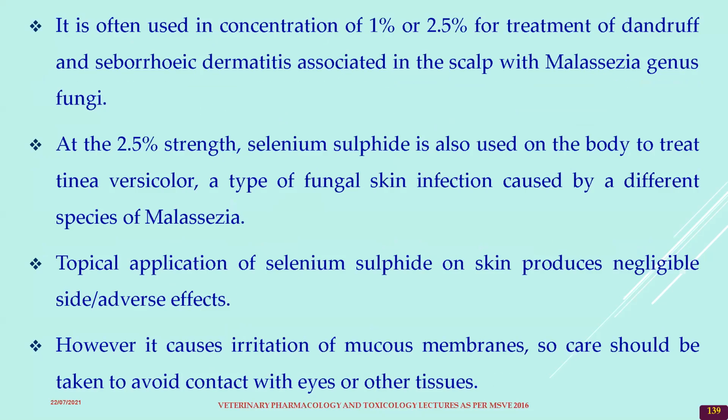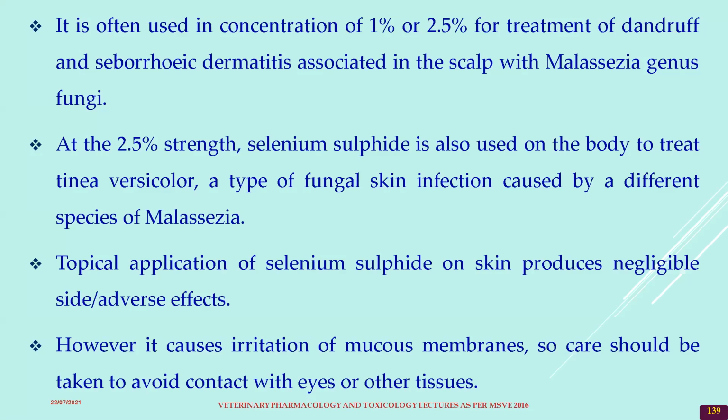It is often used at a concentration of 1%, or sometimes 2.5%, for the treatment of dandruff and also seborrheic dermatitis of the scalp associated with Malassezia fungi. At 2.5% strength, selenium sulfide is also used on the body to treat Tinea versicolor, a fungal infection, especially Malassezia. With topical application, negligible adverse effects are seen.